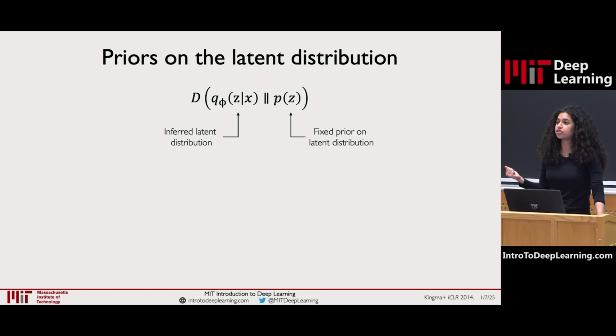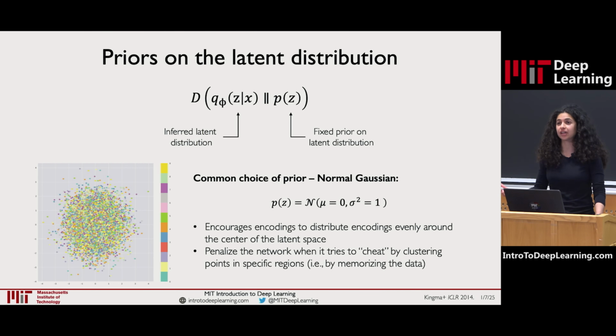Let's promote these latent variables to roughly follow a normal distribution, centered around a mean of 0 and having a standard deviation of 1. This encourages our encoder in our VAE to try to locate the latent variables evenly and smoothly around the center of the latent space and distribute the encoding such that we can cover this latent space smoothly.